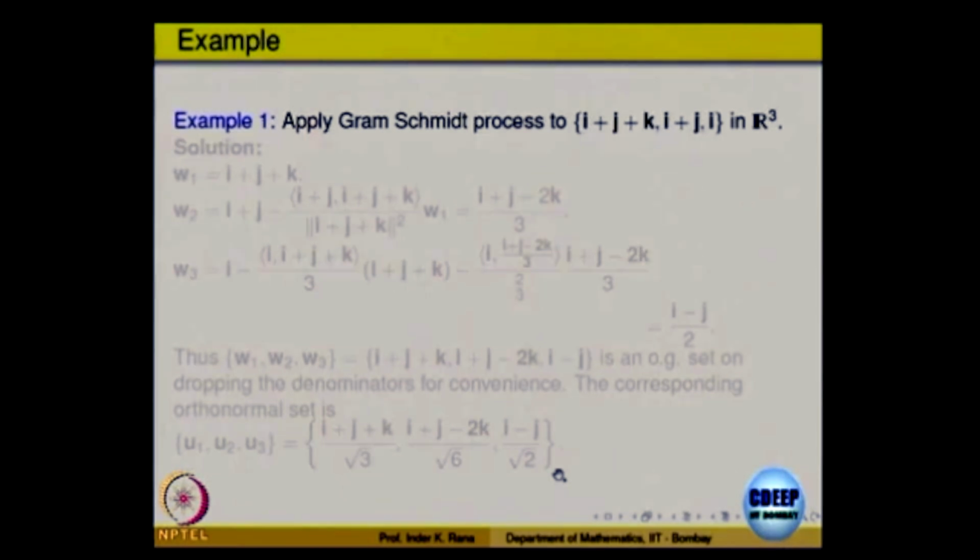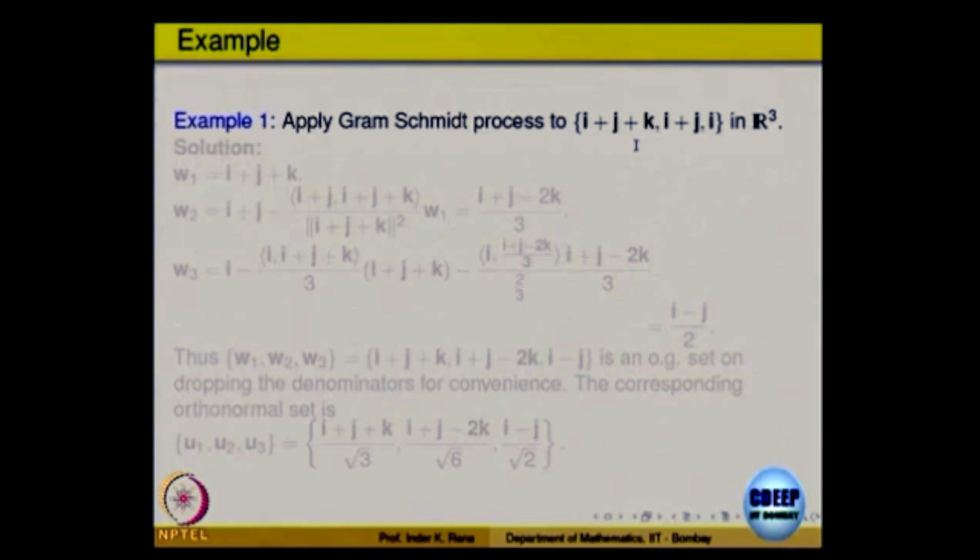So let us do one example for this. Let us take these three vectors. What are i, j and k? They are the standard vectors in R3, right? i is (1, 0, 0), j is (0, 1, 0) and k is (0, 0, 1). I have taken V1 as i plus j plus k. So what will this be?